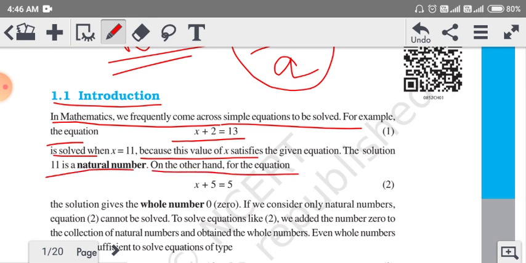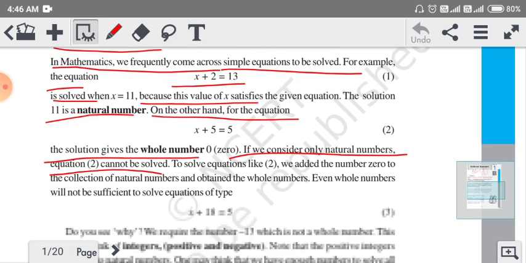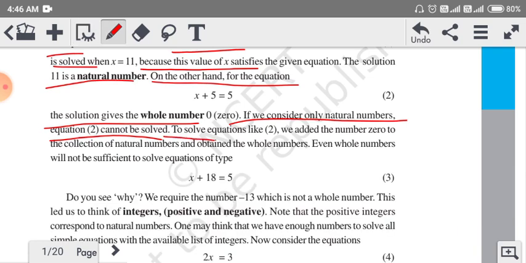On the other hand, for the equation x plus 5 is equal to 5, the solution gives the whole number, that is 0. If we consider only natural numbers, equation 2 cannot be solved. To solve equations like 2, we add the number 0 to the collection of natural numbers and obtain the whole numbers.